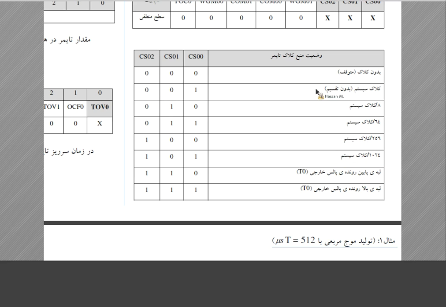These items are for working in timer mode. But these two items, 6 and 7, mean the timer is working in counter mode. We have two modes, timer and counter.